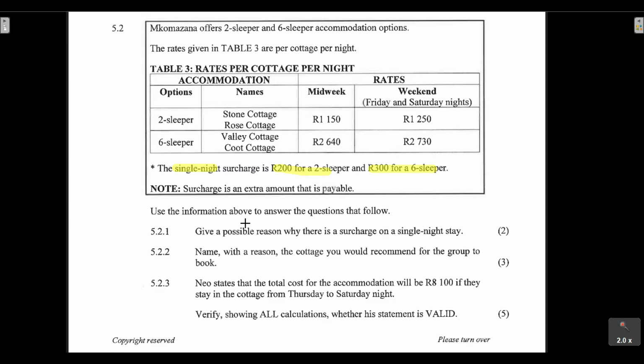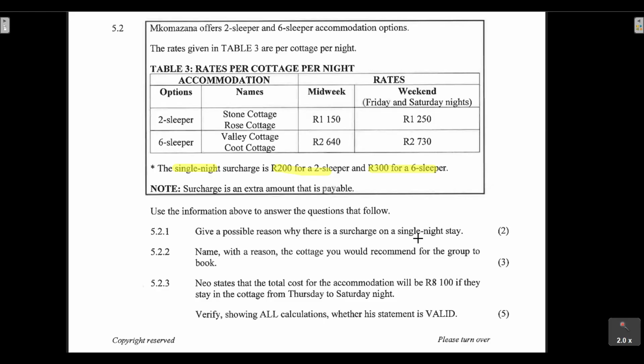Use the information above to answer the questions that follow. Question 5.2.1 says, give a possible reason why there is a surcharge on a single night stay. So why would you think they would put an additional amount if you just want to stay over for one night? Any reasonable explanation will be marked correct for this question.